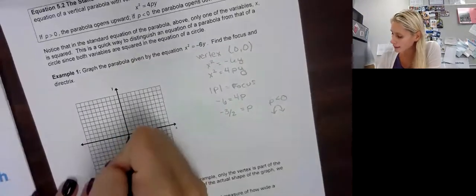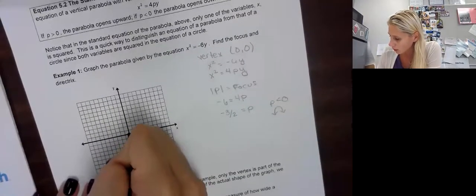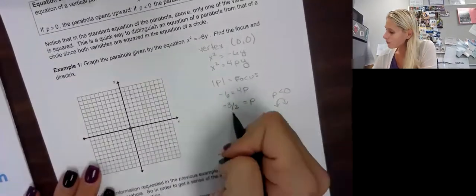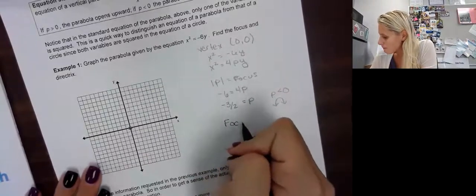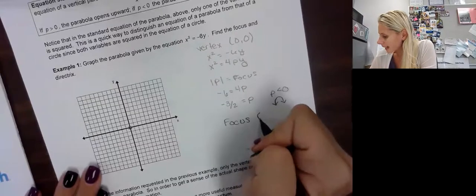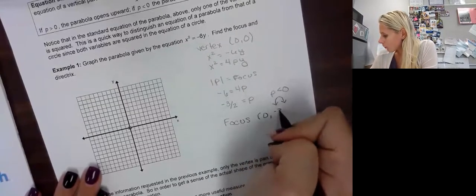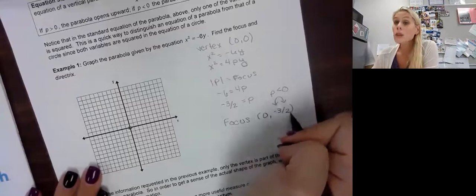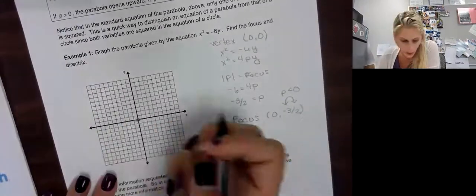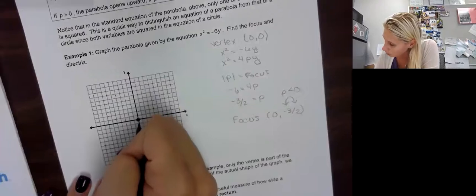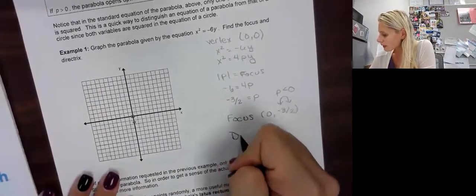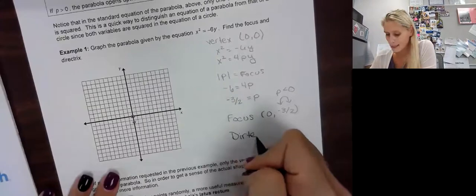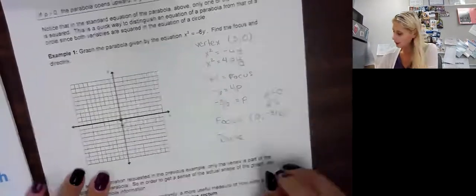And I know because the vertex is at 0, 0, the focus is negative 3 halves away. So that means the focus is at 0, negative 3 halves. This would change if the vertex were a little bit different. So I can go, that's 1, negative 3 halves right there. Okay. And then remember that the directrix is the same distance away. I can't spell this, huh?